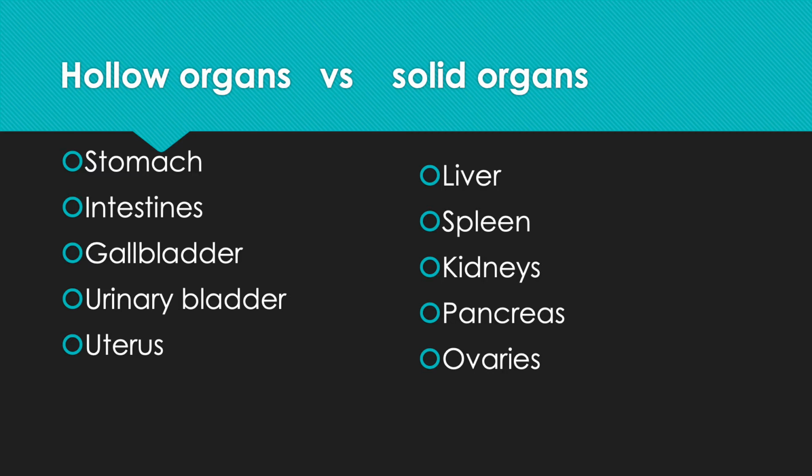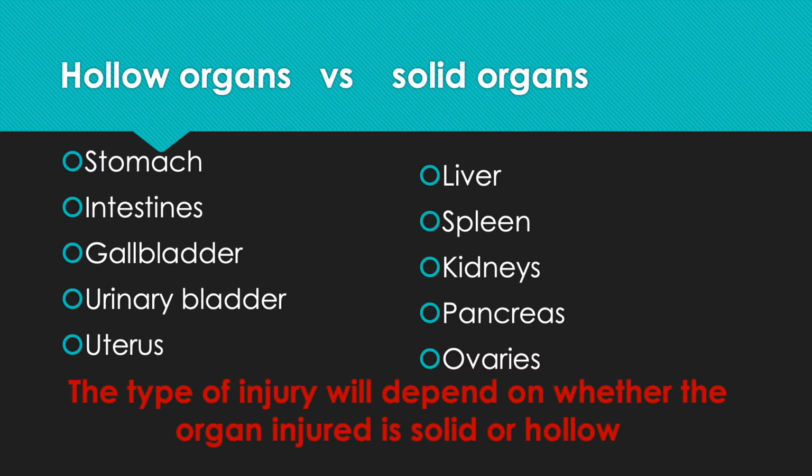Your hollow organs are your intestines and your gallbladder, your stomach, your urinary bladder, and your uterus. You have solid organs that are very vascular, like your liver, your kidneys, your spleen, and your pancreas. Depending on if you have a hollow organ or a solid organ injured, that's going to change the symptoms that you see with your patient.